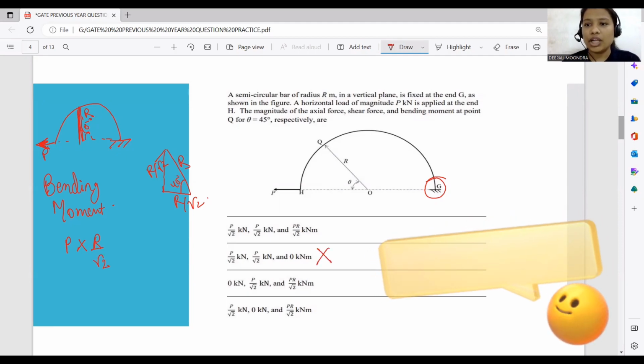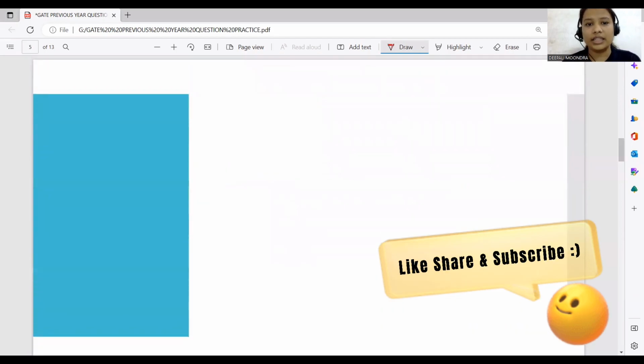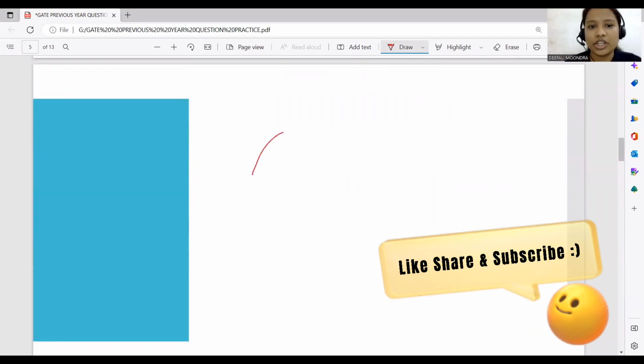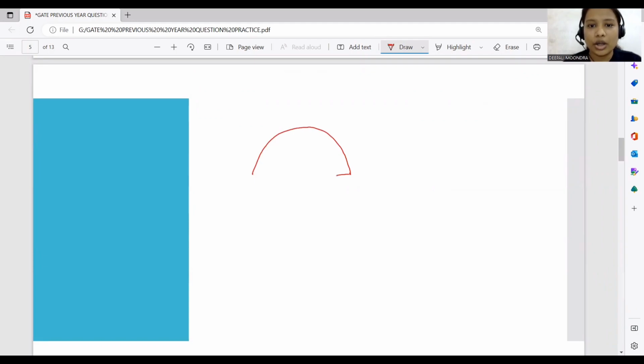Now let's talk about the axial and the shear force. Again, we need to draw this semicircular bar. One end is fixed and the other has the horizontal force P. This point makes a 45-degree angle; this is our Q. At this point, we need to find the axial force. Let's say this is our half part, and this is the P load.